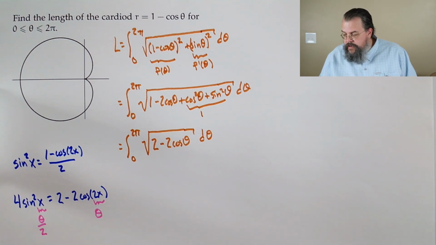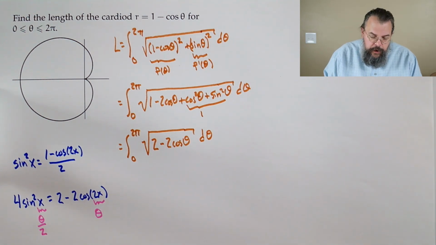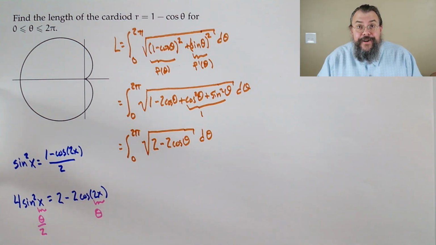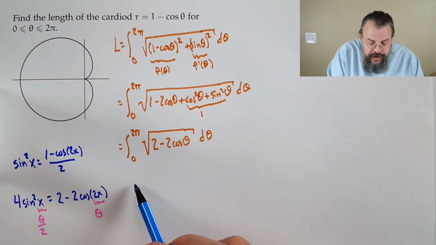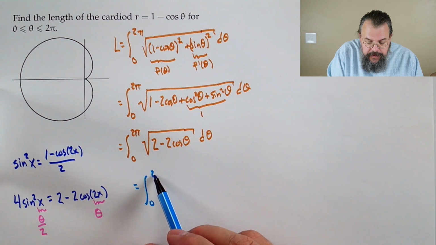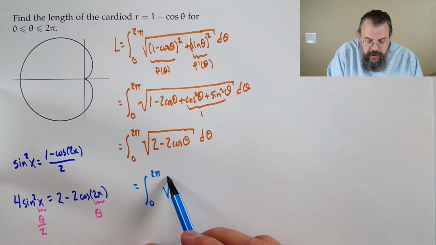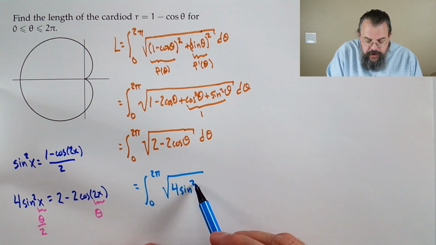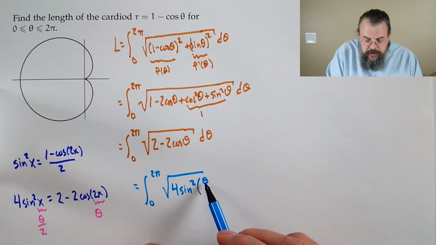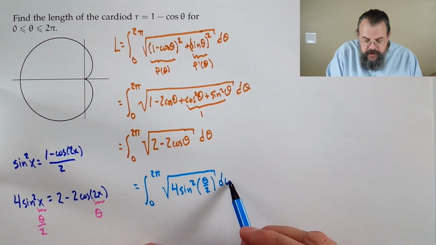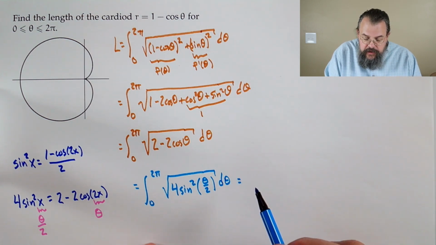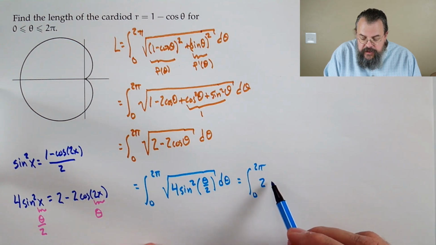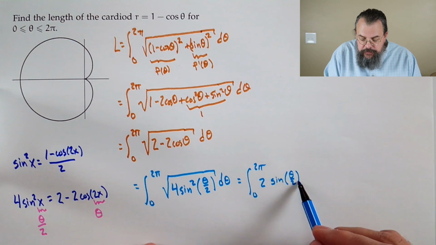Because of this power reduction in reverse, we can say this is equal to the integral from 0 up to 2 pi of the square root of 4 sine squared of theta over 2, d theta. Now, when we take the square root, we get the integral from 0 to 2 pi of 2 sine of theta over 2.